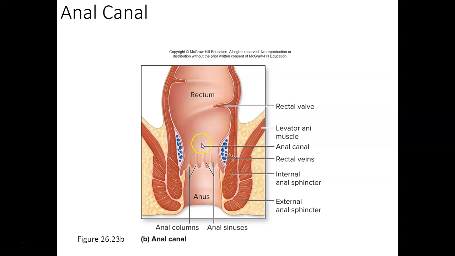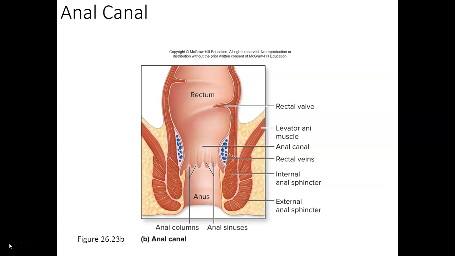Along the anal canal, you also have those structures called anal columns, right? So those are protrusions, and the anus itself is controlled by two sphincters called the internal anal sphincter and external anal sphincter. They control the elimination of fecal matter.